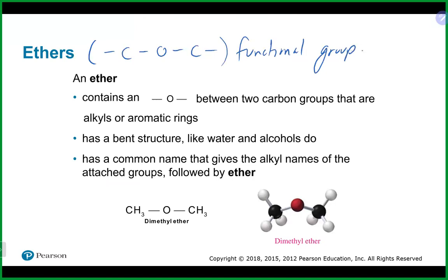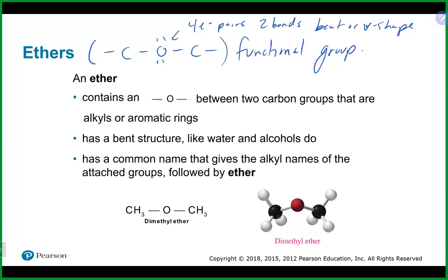It contains this oxygen between two carbons, and it will have a bent structure like water. That is because if we put the dots on our oxygen, this is 4 electron pairs and 2 bonds, which will give us our bent, V shape geometry like we talked about previously.